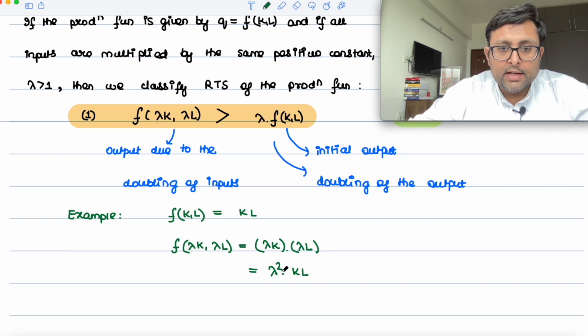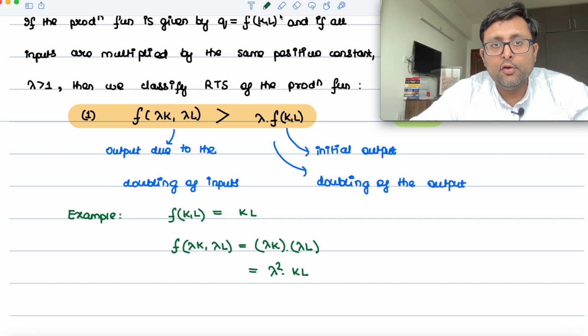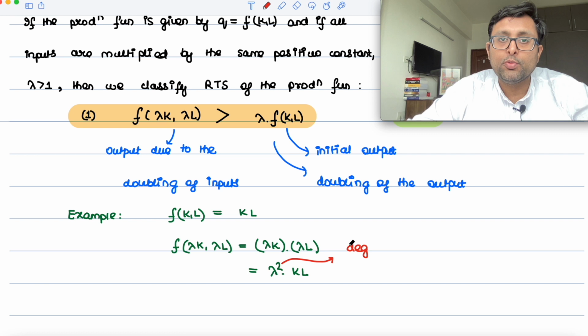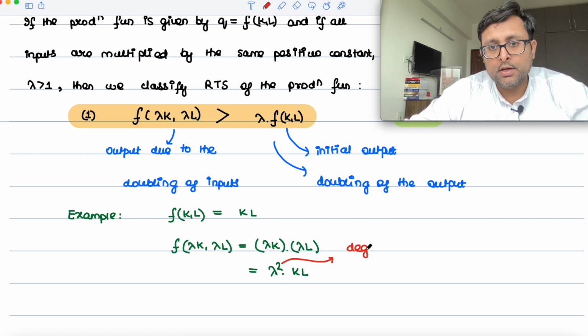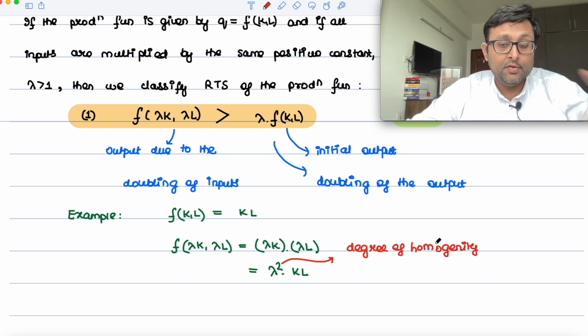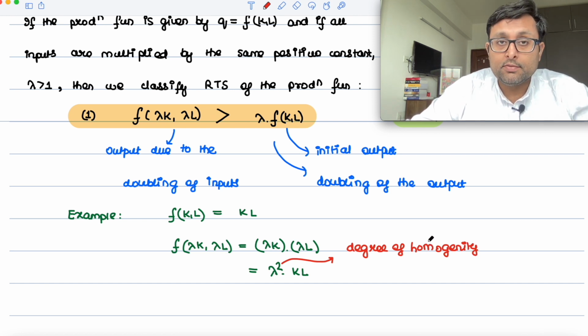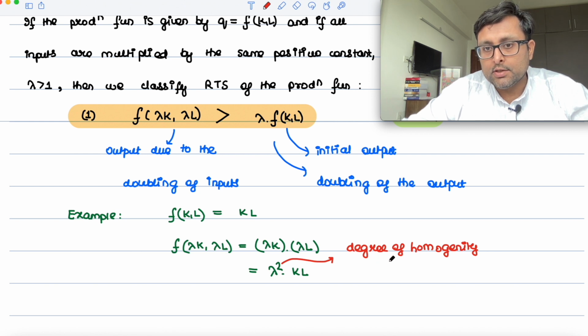So for the homogeneous function, it is very easy to find out returns to scale. I'll give you one example in which the function is not homogeneous, and then how do you find out returns to scale? Guys, I've made the video on homothetic and homogeneous functions earlier as well. So if you have a problem understanding this, you have to go back to that video. So degree of homogeneity is 2.